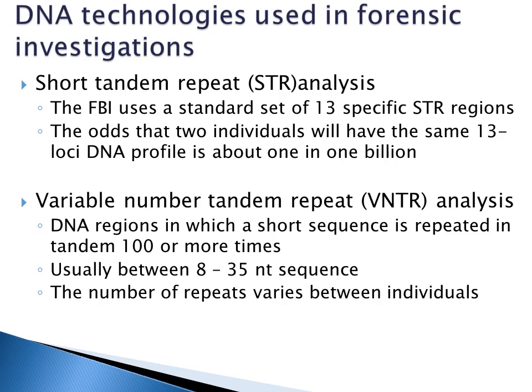Also, you can do variable number tandem repeat analysis, where you have your DNA region where you have a short sequence that's repeated in tandem 100 or more times. Usually, these can be between 8 to 35 nucleotides sequence repeats. The number of repeats is going to vary from individual to individual.